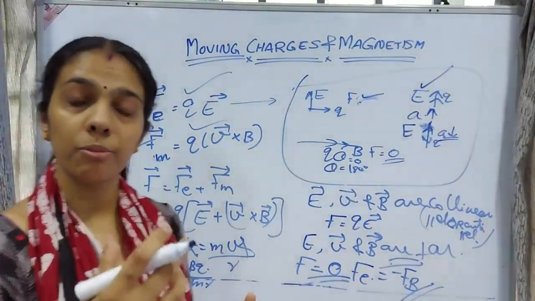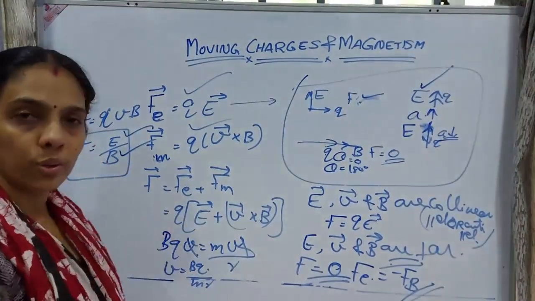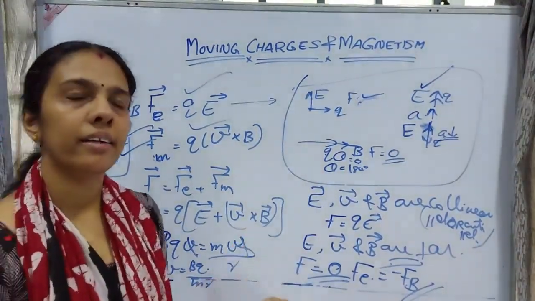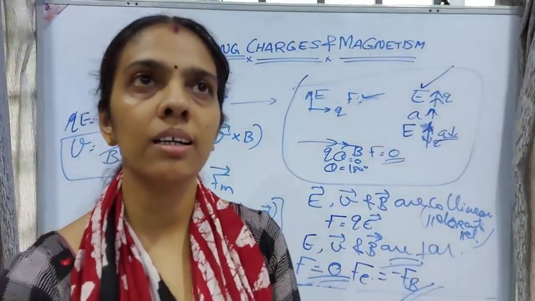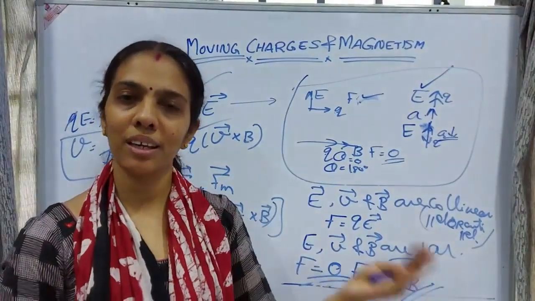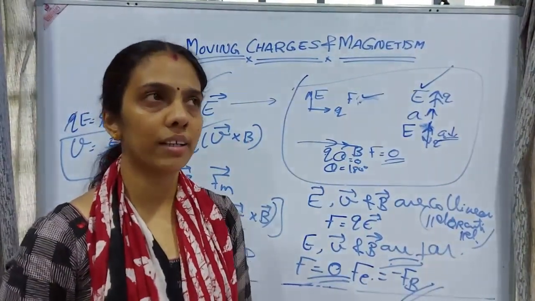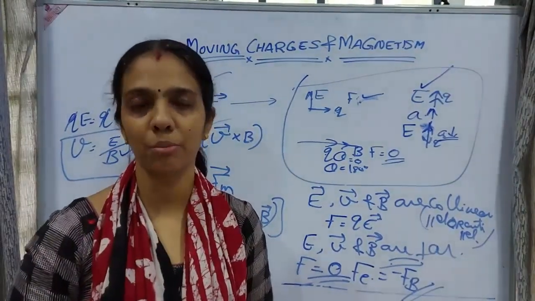Using this formula, angular velocity omega equals V by r, and V equals r omega. You can find that, and the time period as well. Those equations are important.